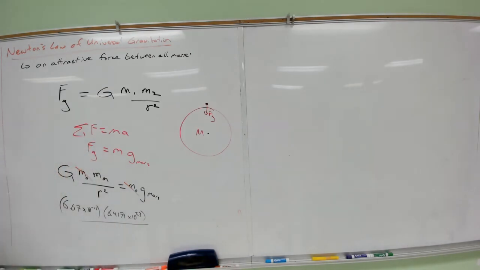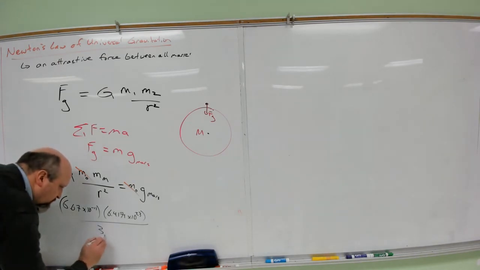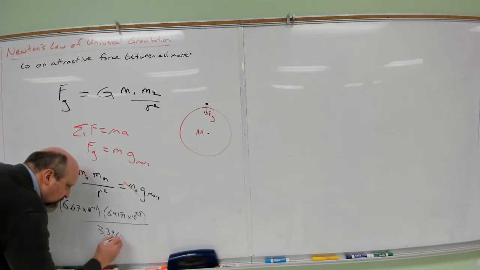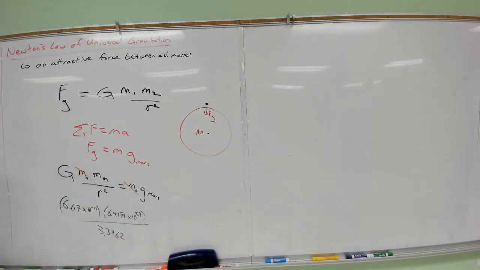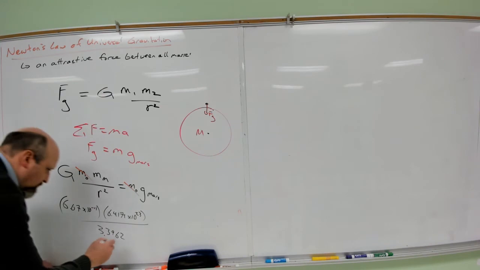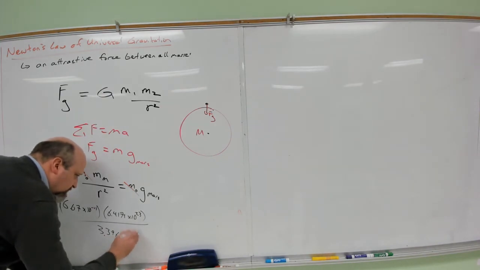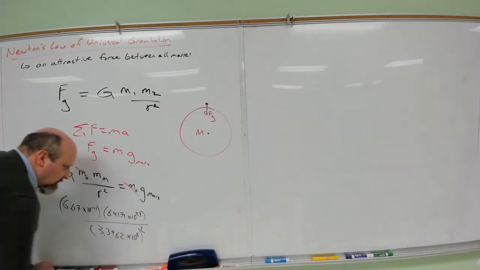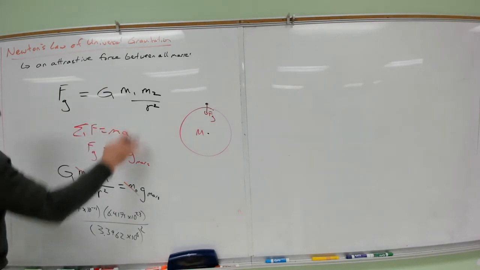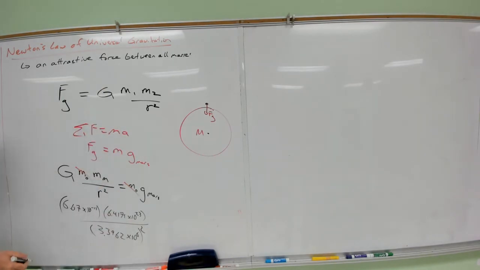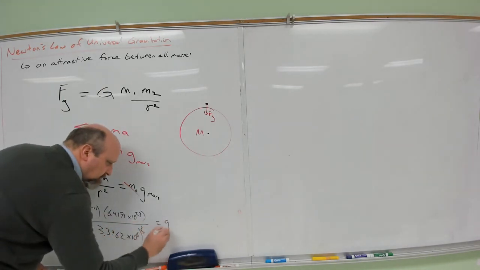And we're going to divide by the radius of the planet, which this time they give us a little bit more precise value, 3,396,200 meters. Then we're going to square it because the formula says square it. That's going to be g Mars.